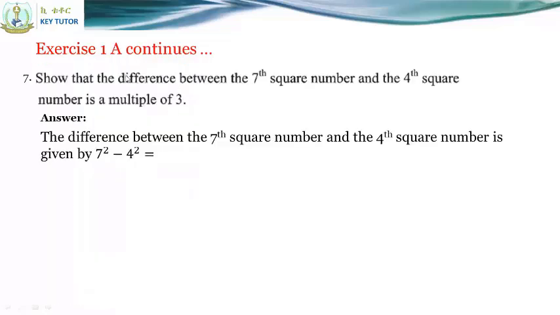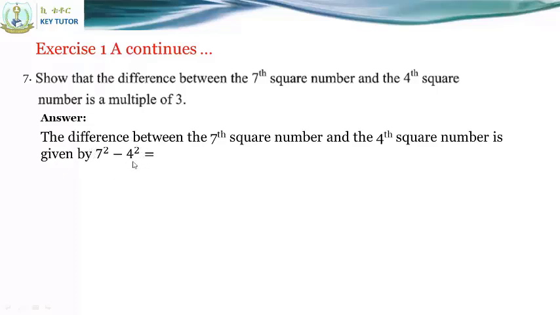The other question says, show that the difference between the 7th square number and the 4th square number is a multiple of 3. First of all, you take the 7th square number and the 4th square number. The 7th square number is 7 squared, the 4th square number is 4 squared. The difference is 7 squared minus 4 squared. Okay, this is the difference of two squares.